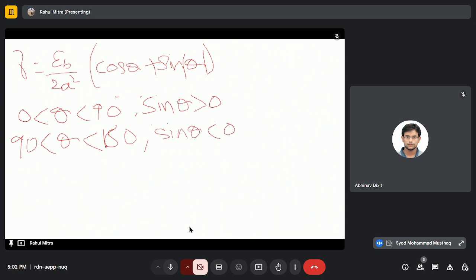And why are we considering the modulus term? The modulus term arises because sine of minus theta is minus sin theta. So that's the only reason we are maintaining the positive sign. To maintain the positive sign, we are going to insert the modulus term.